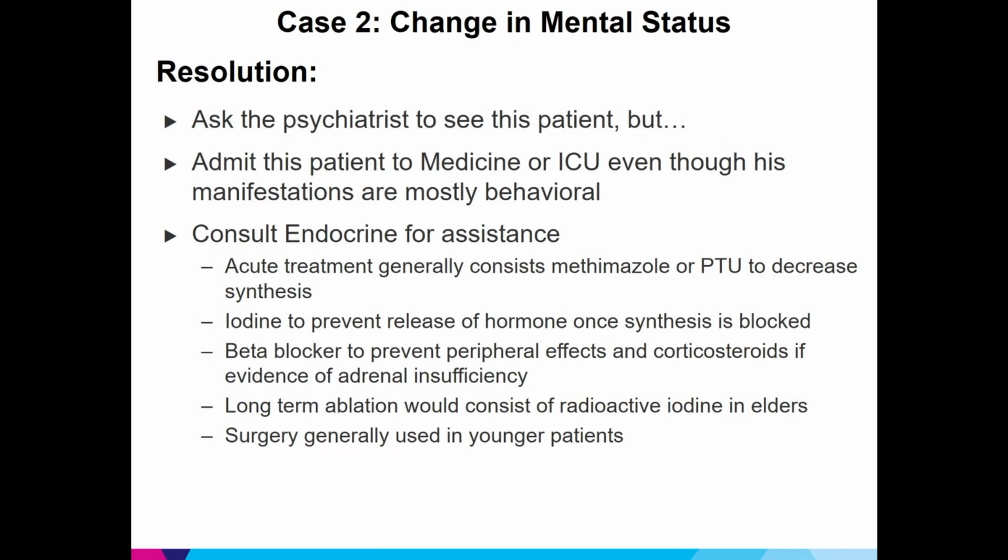Acute treatment generally consists of methimazole or PTU to decrease synthesis, iodine to prevent the release of hormone once the synthesis is blocked, a beta blocker to prevent peripheral effects, and steroids if necessary, and there's evidence of adrenal insufficiency. Long-term ablation would consist of radioactive iodine, and surgery is also an option for patients who are younger.